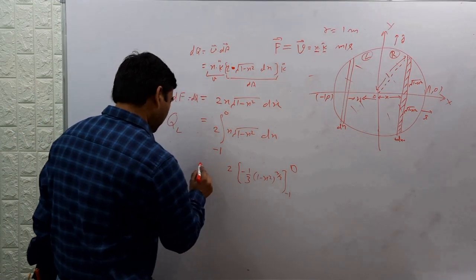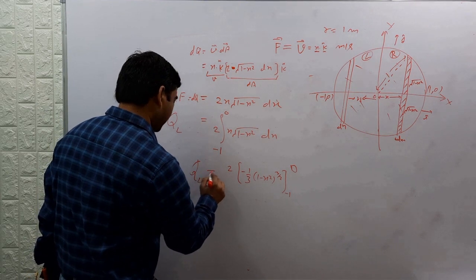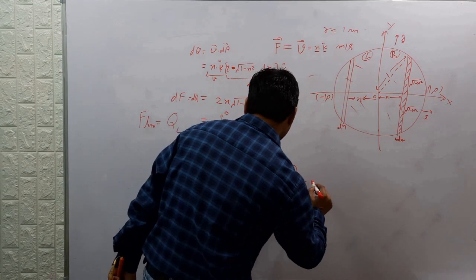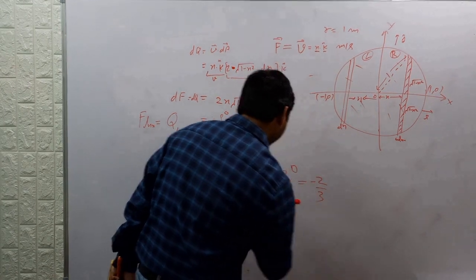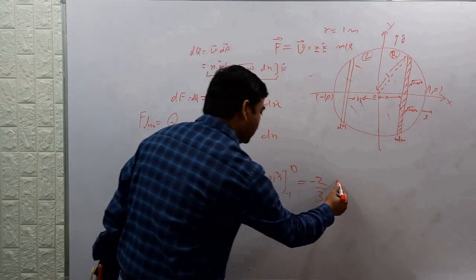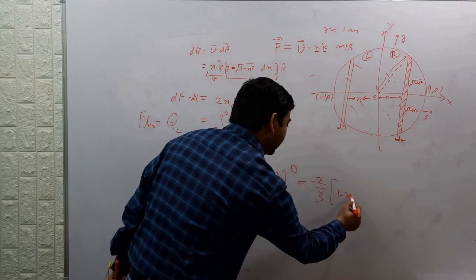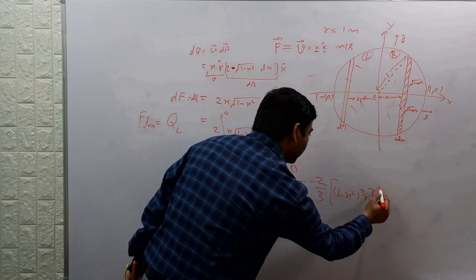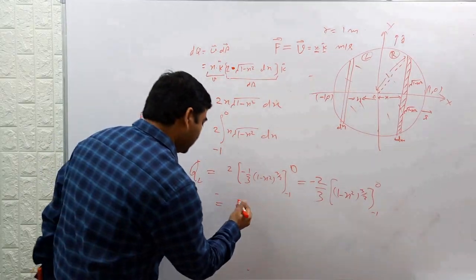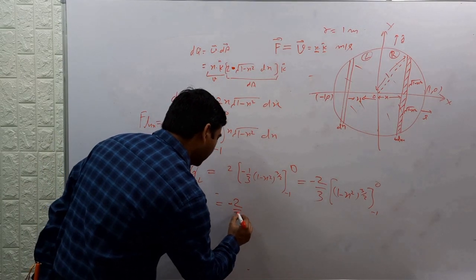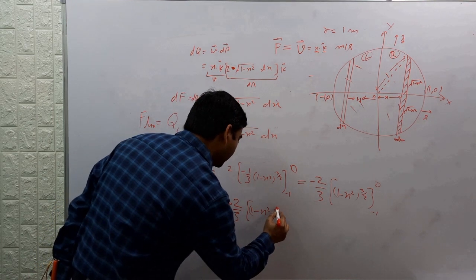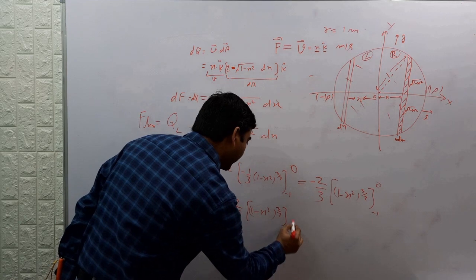So this is the total flux from the left, and this will be minus 2 by 3 times 1 minus x square to the power 3 by 2, from minus 1 to 0.